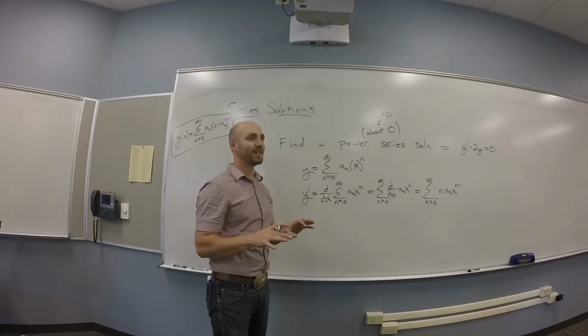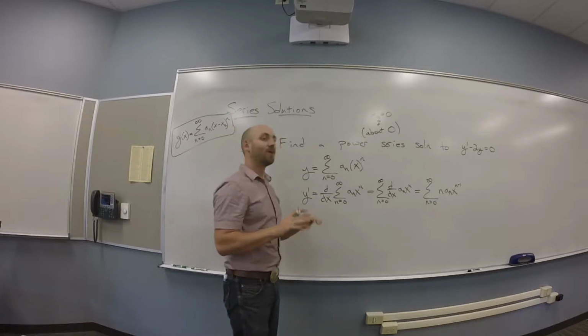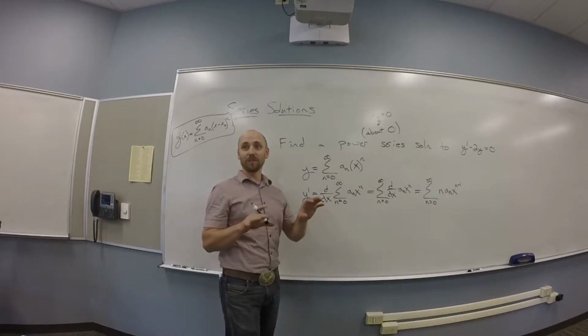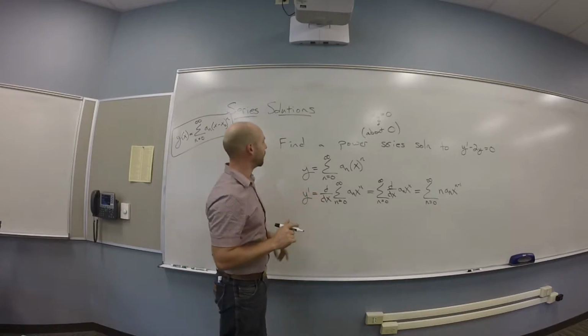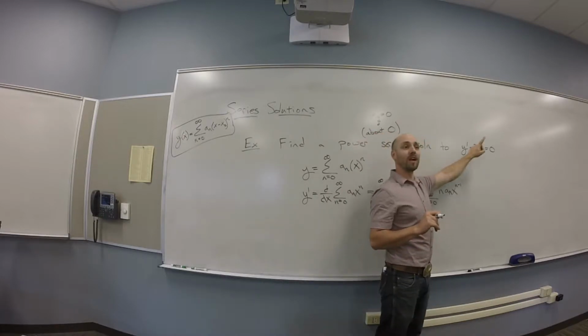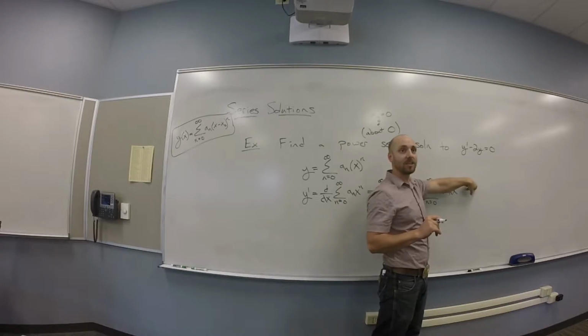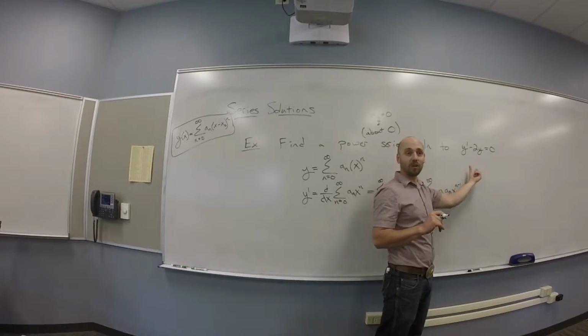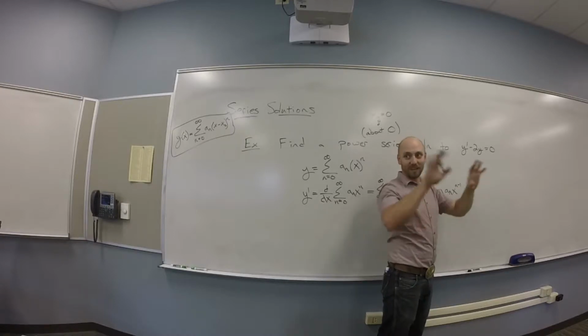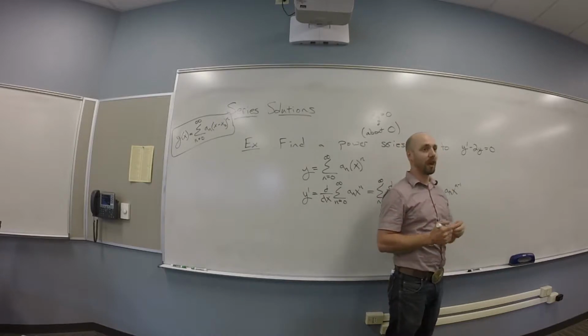Resist the urge to use ellipses in these. It's not a good idea. This is also why I'm doing the simple version. Because if we had a function that was more complicated than 2, I would have to express that also as a Taylor series or a Maclaurin series, and then multiply two Maclaurin series together, just like a megafoil, right? Which would be a massive mess, but that's also the thing that computers are really, really good at.